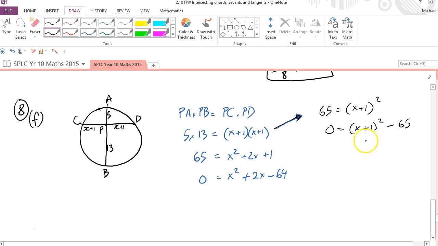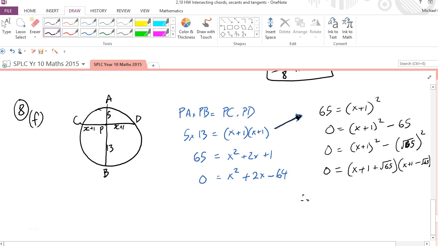But now look at that, beautiful, your favourite rule in maths has appeared. The difference of two squares, x plus 1 squared minus root 65 squared. Favourite rule in maths, a plus b, a minus b, so it's x plus 1 plus root 65 and x plus 1 minus root 65. They multiply to equal 0.